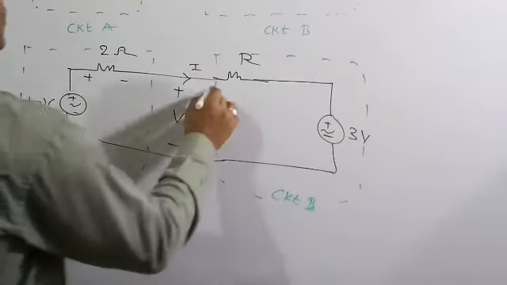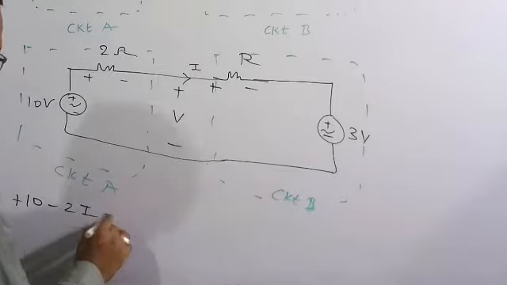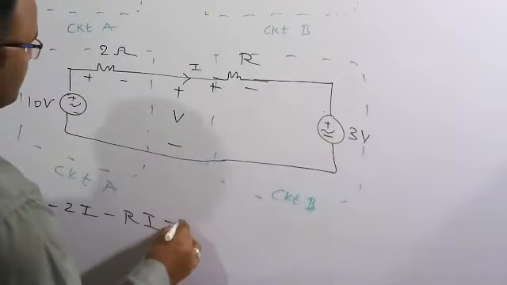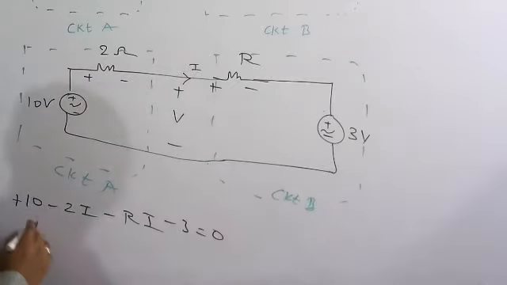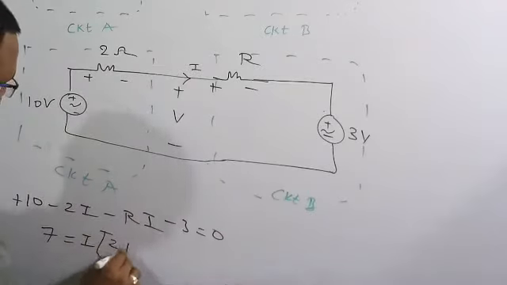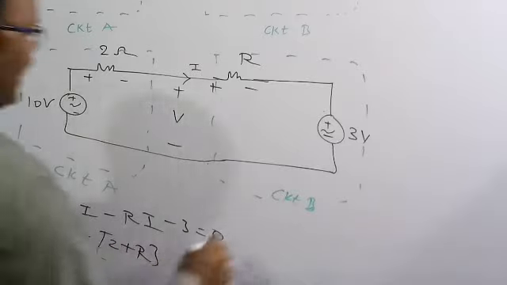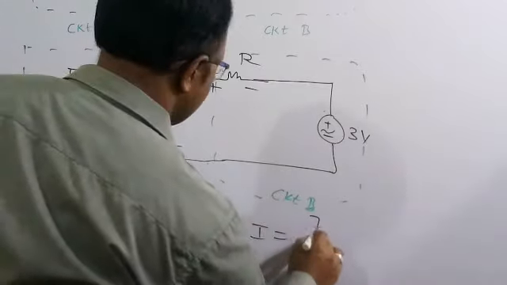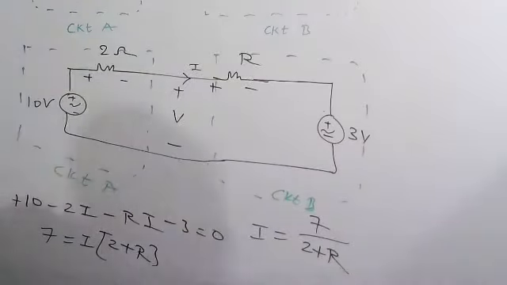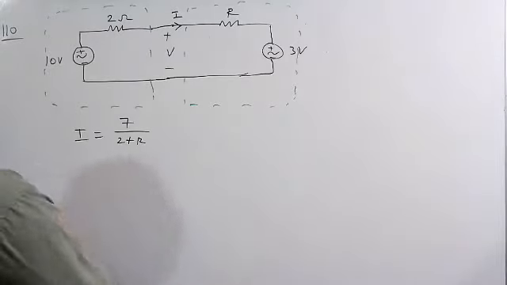Similarly here also minus RI, and going from plus to minus there is a drop in potential, minus 3 is equal to 0. So 10 minus 3 is 7, equal to I common, 2 plus R. Therefore I is equal to 7 by 2 plus R. This is the value of the current.